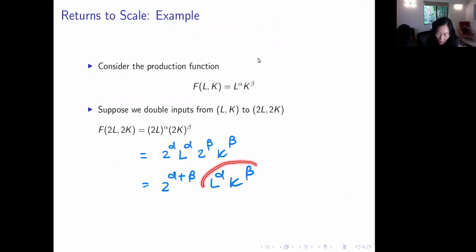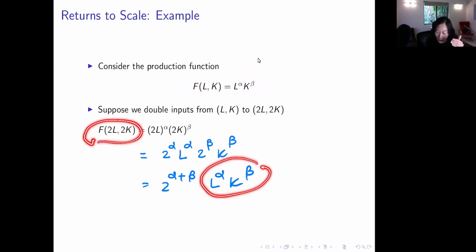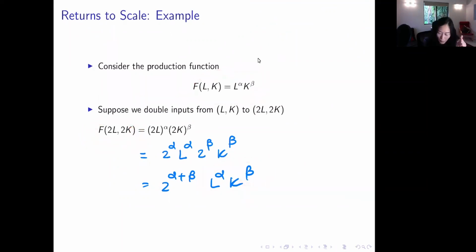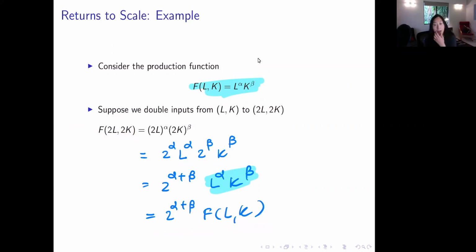I know that F(L, K) looks like this, so I rearrange the terms to give me this function as a function of F(L, K). That's what we need. So what we see here is 2 to the power alpha plus beta times F(L, K). Now it's comparable.